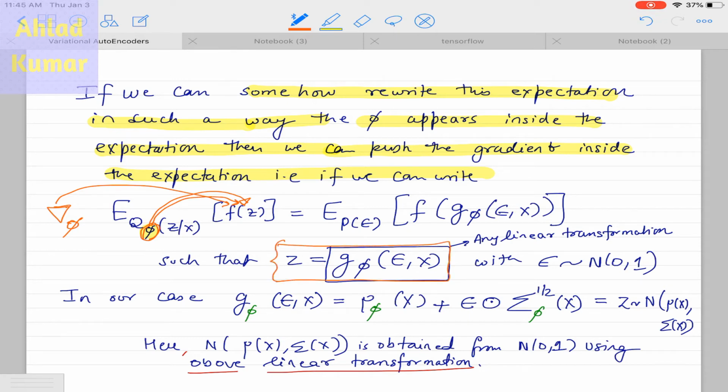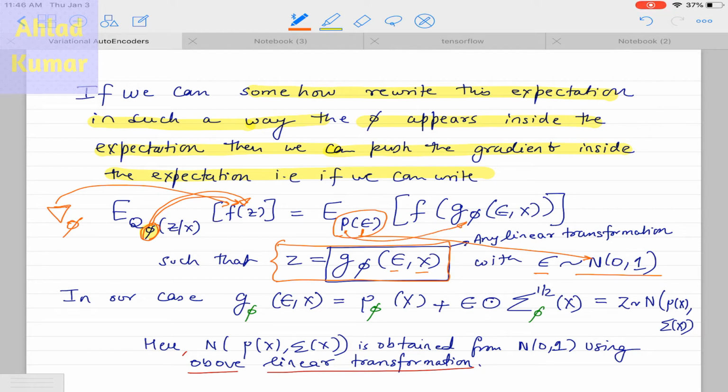That is, it's a linear transformation which depends on epsilon naught and x, with epsilon naught sampled from N(0, 1). Once we do this, we are taking the expectation over the random variable epsilon naught, which is sampled from this Gaussian having 0 mean and unit variance. And you can now see that phi has been moved from this position to inside the argument.